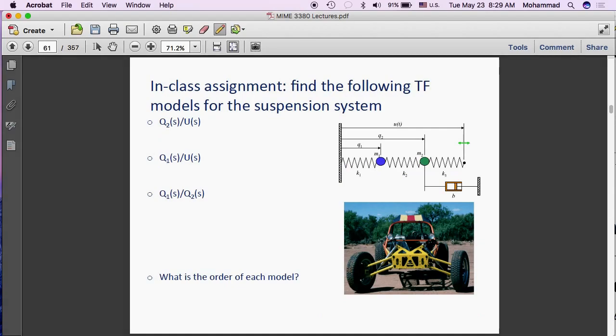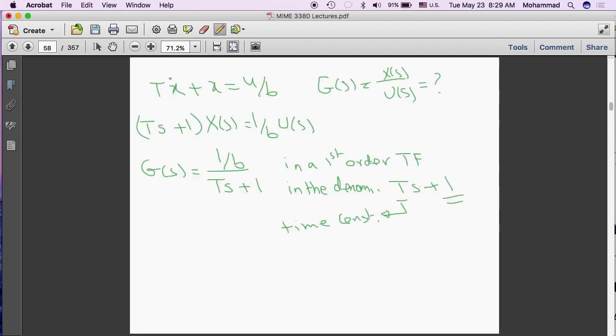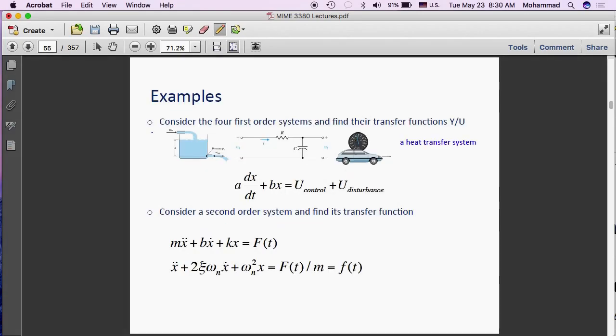Okay, before we go to this system, I want to go back a couple of slides and show you another system. What I have at the bottom of this slide are two seemingly different forms of differential equations which are essentially the same. So you immediately recognize this equation, equation number 1, don't you?